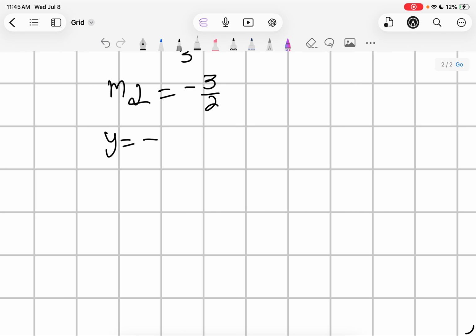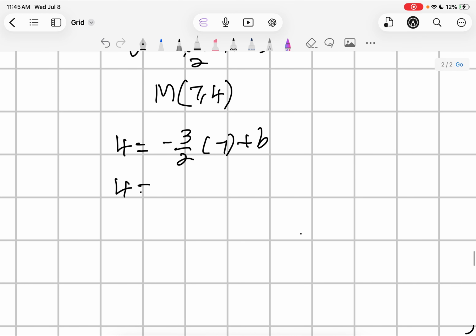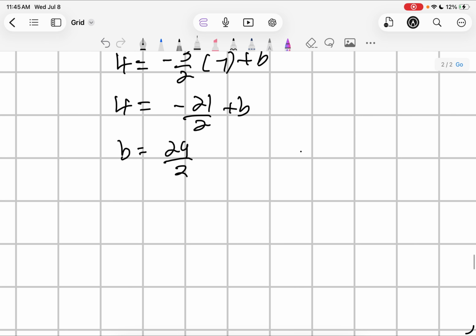So y equals negative 3 over 2 x plus b. And then you sub in your midpoint, so 4 equals... b equals 29 over 2.